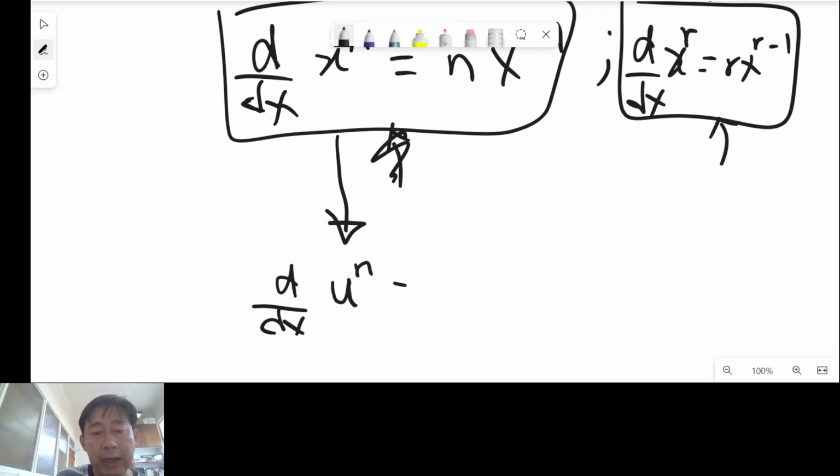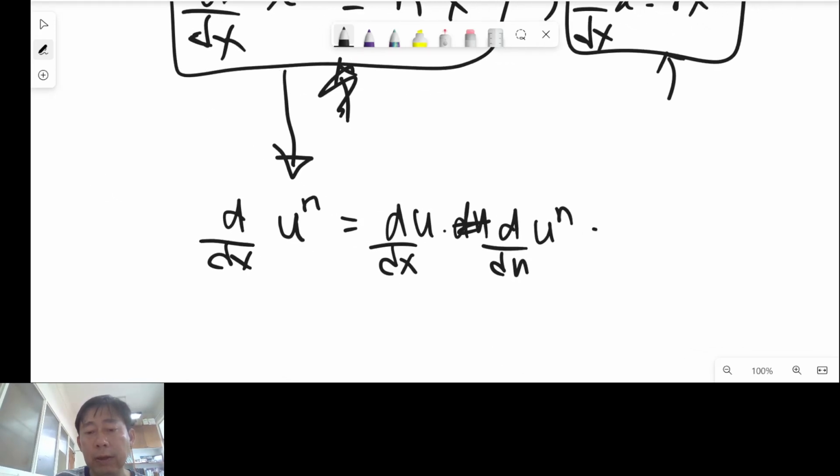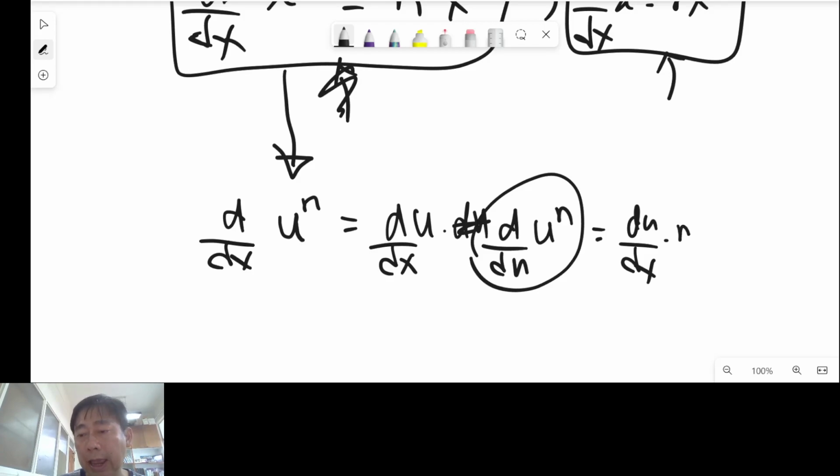So this again can be obtained using the chain rule, du/dx times d/du of u^n. Then this is just equal to du/dx times d/du of u^n, which is n times u^(n-1).